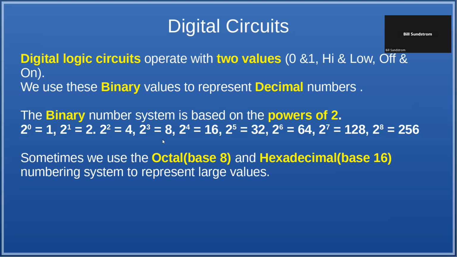In a lot of cases, to make it easier, because binary is messy, particularly when you're just looking at ones and zeros, we can use the octal representation or hexadecimal. In the case of octal, it's really base 8. So we take 3 binary bits at a time to represent the numbers.